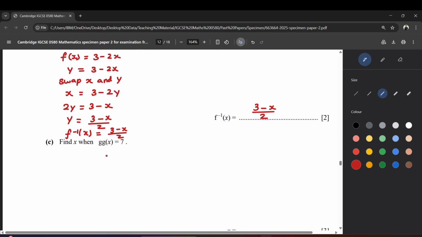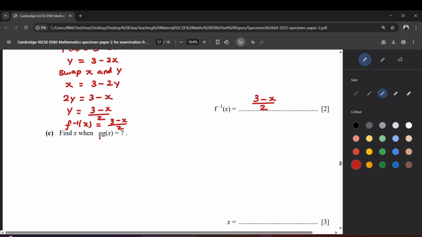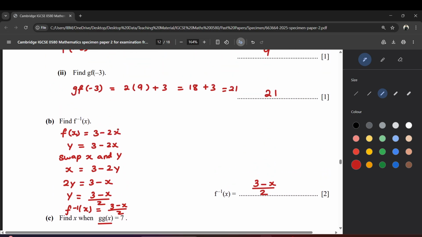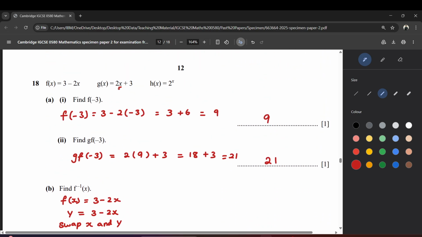Now it says find x when g of g of x equals 7. Now g of g of x means that you are replacing x with this whole function itself. So you're putting the function g of x into the function g of x.